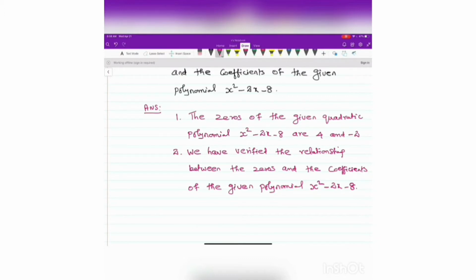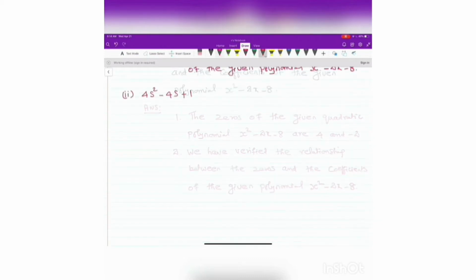Now, let us pass on to the second subdivision. Second subdivision, the polynomial is given as 4s square minus 4s plus 1. Let's do this now. Solution. Here the polynomial is given in s.